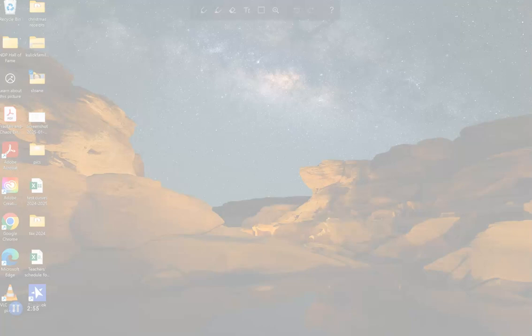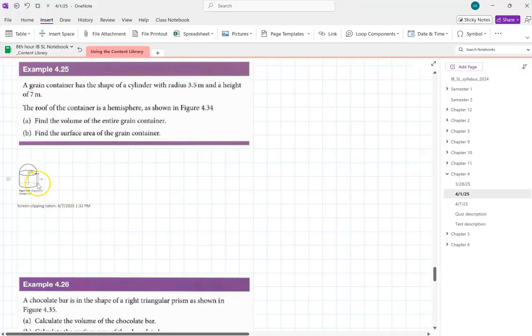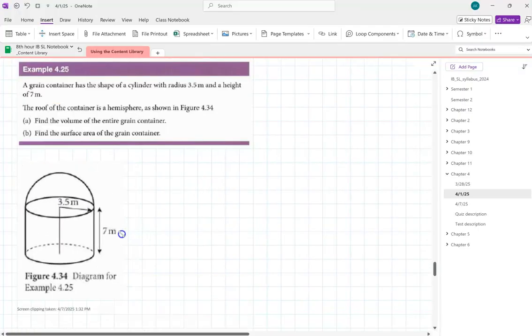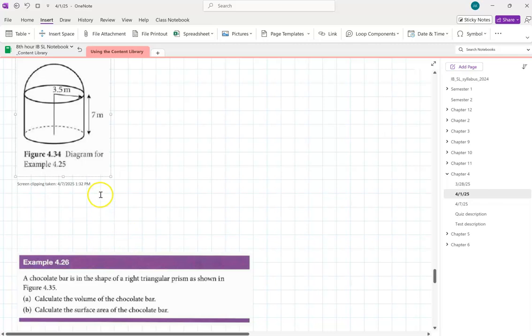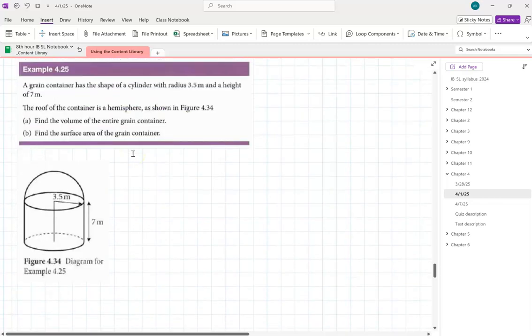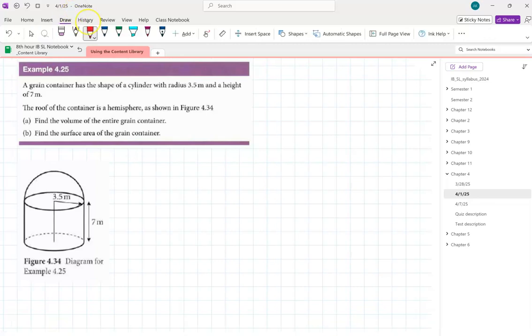So like a dome. It looks like those water towers. It's like a grain silo. Great. There we go. Look at the picture.